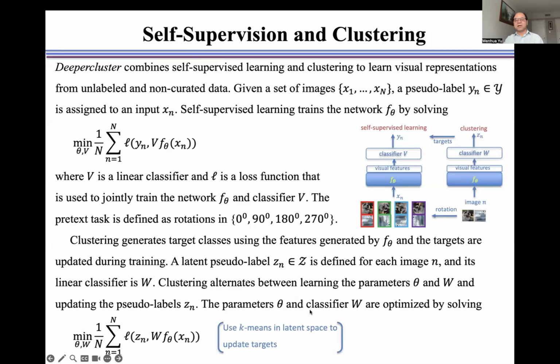The parameter theta and the classifier W are optimized by solving this minimum problem, where we use k-means in latent space to update targets.